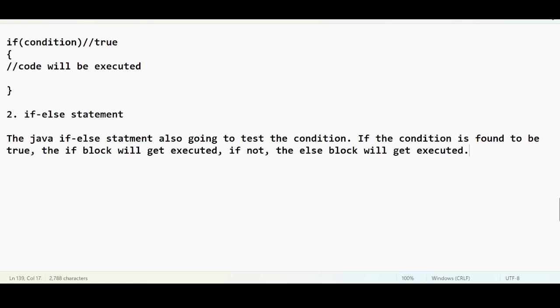Same thing. The syntax is going to be like: if, condition. The if block is going to accept a condition, and the else block is not going to accept any kind of condition. Then code to be executed. And here we have a piece of code.